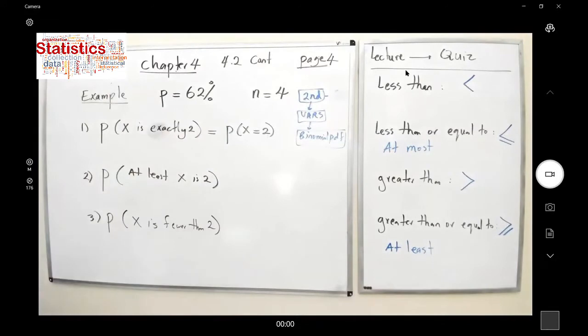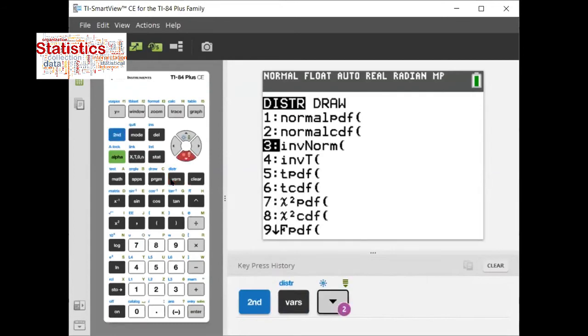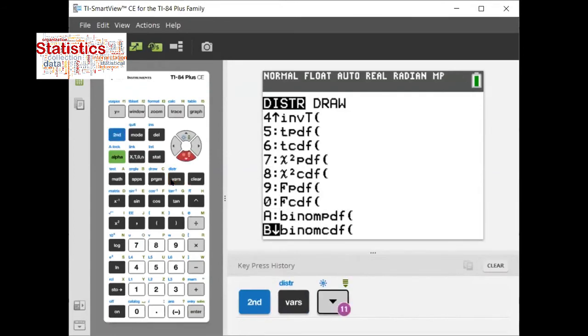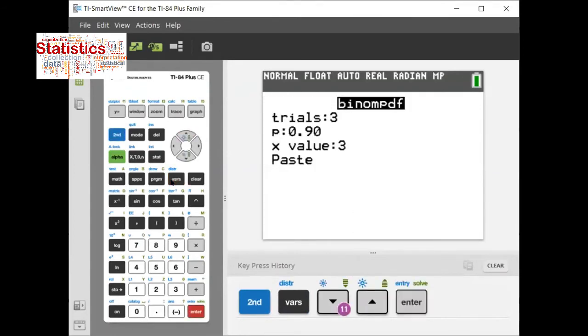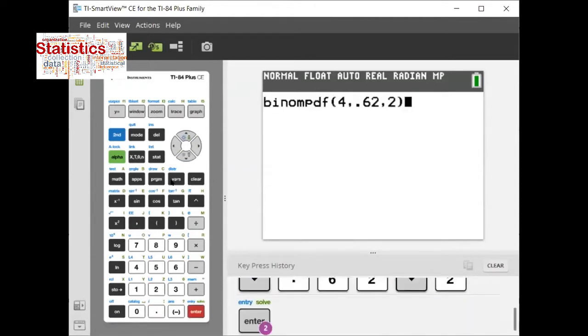Okay, take your time. Very well. So what do we have here? We have second vars. Then we're going to find binomial PDF. Enter. How many trials? We ask for 4. The probability is 62%, so 0.62, and exactly 2 of them respond yes.